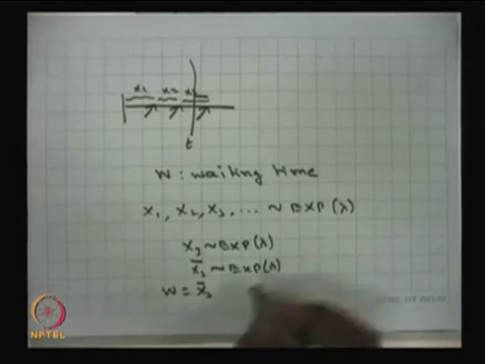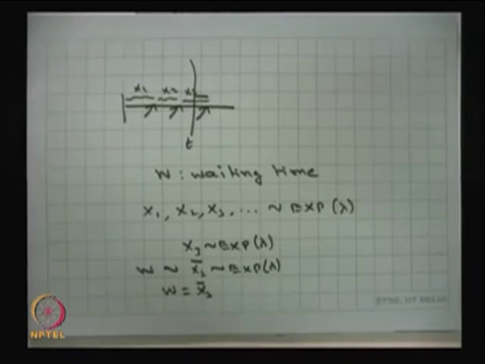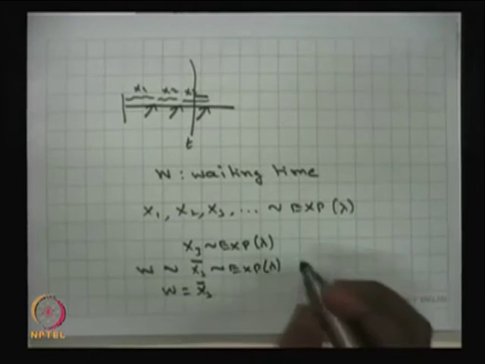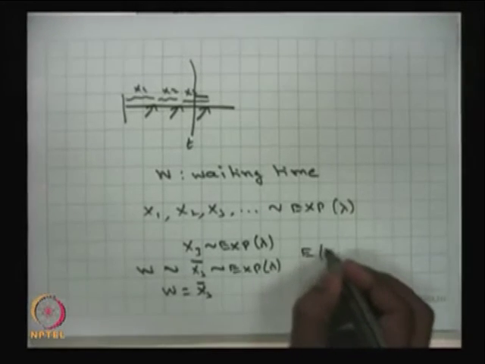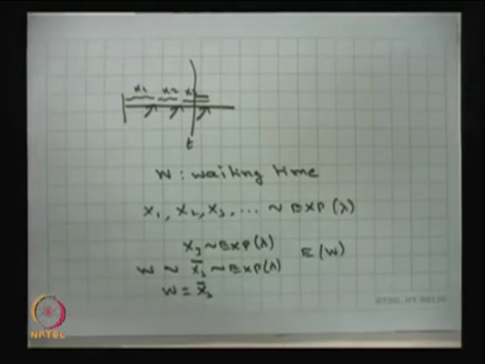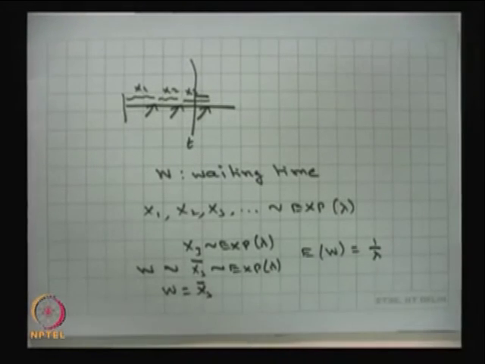Therefore, W is also exponentially distributed with the parameter lambda. That means the waiting time for the bus to come to the bus stand to catch it is exponentially distributed. Therefore, the average waiting time is nothing but 1 divided by the parameter.